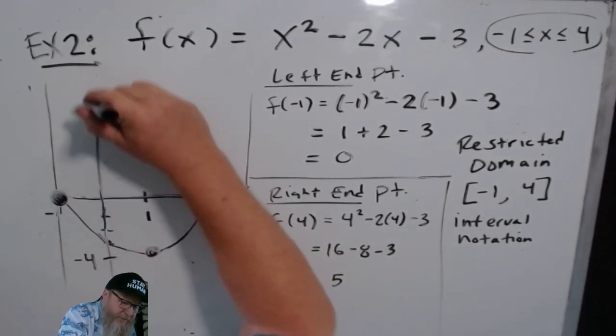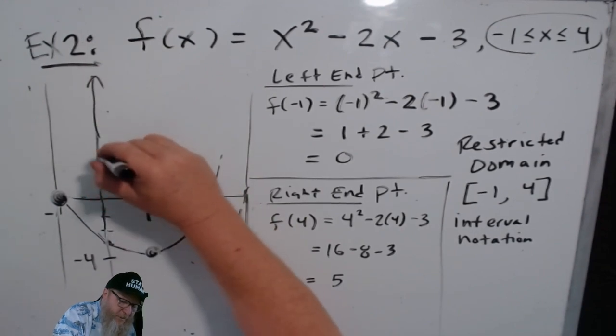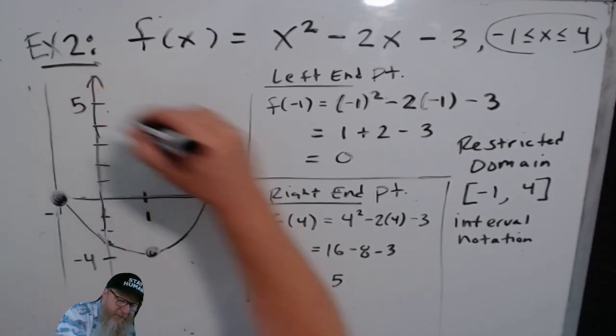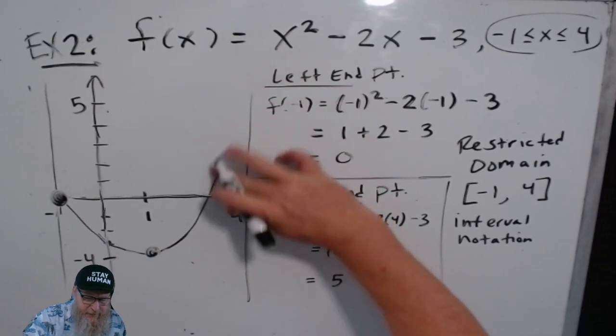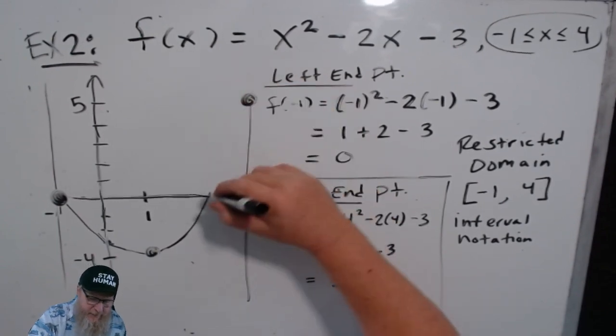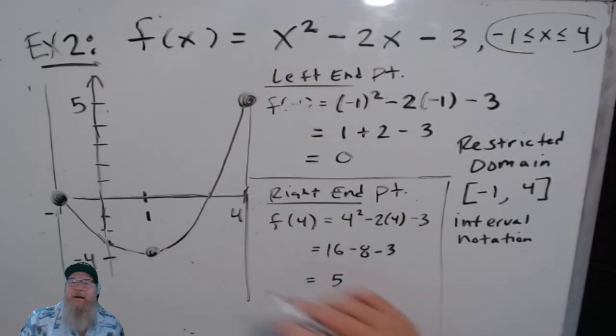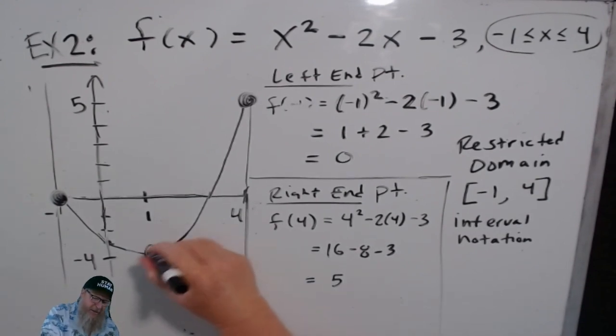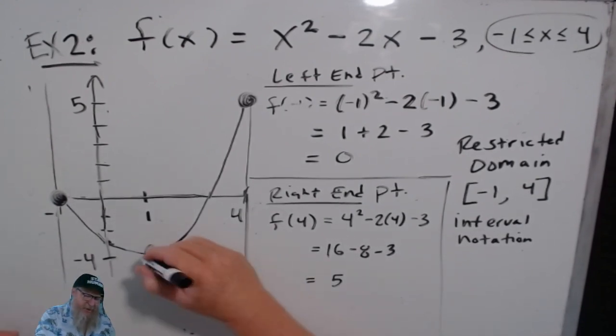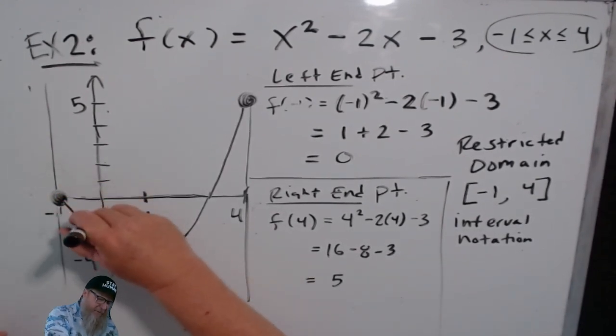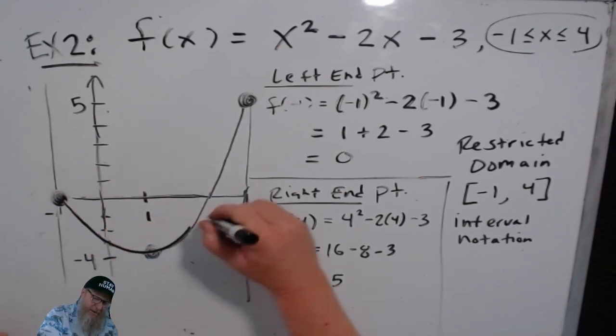So 1, 2, 3, 4, 5. Again, I'm not using the grid, so it's not to scale. And there you go. So this would be a restricted domain function, or the same function with a restricted domain.